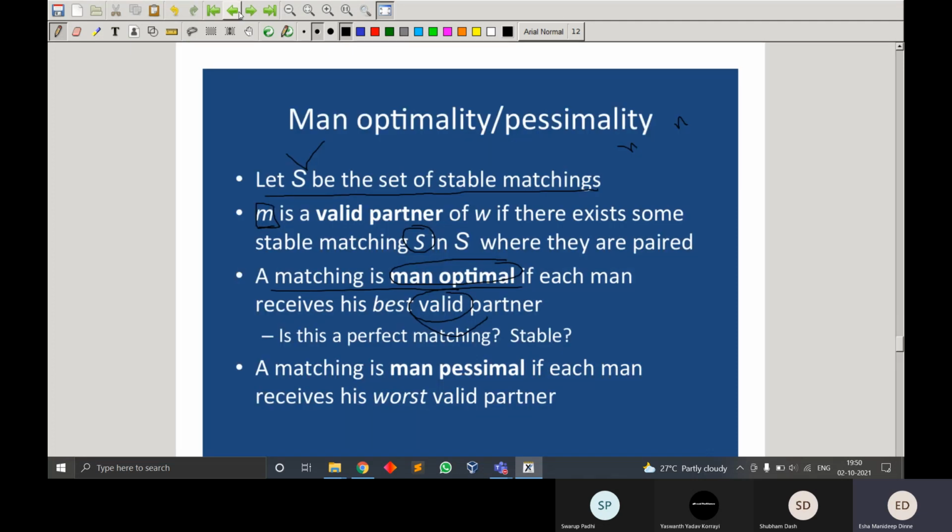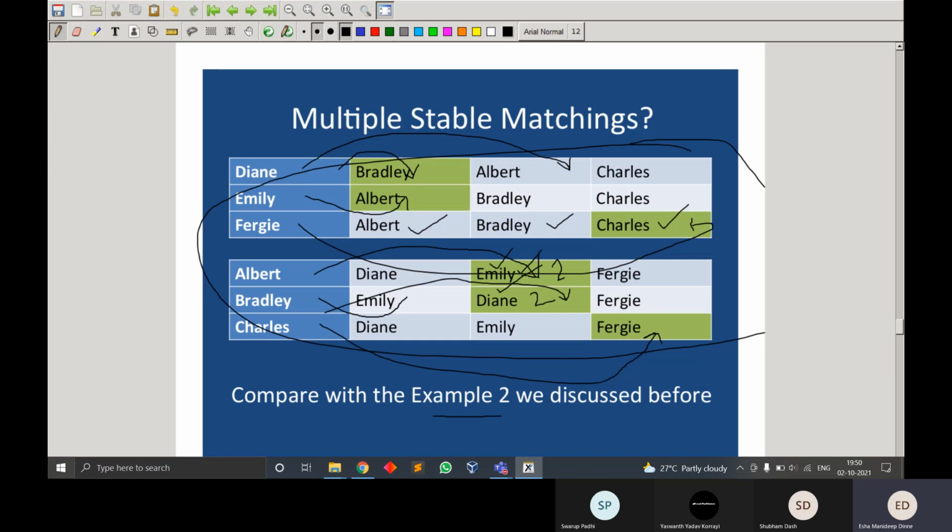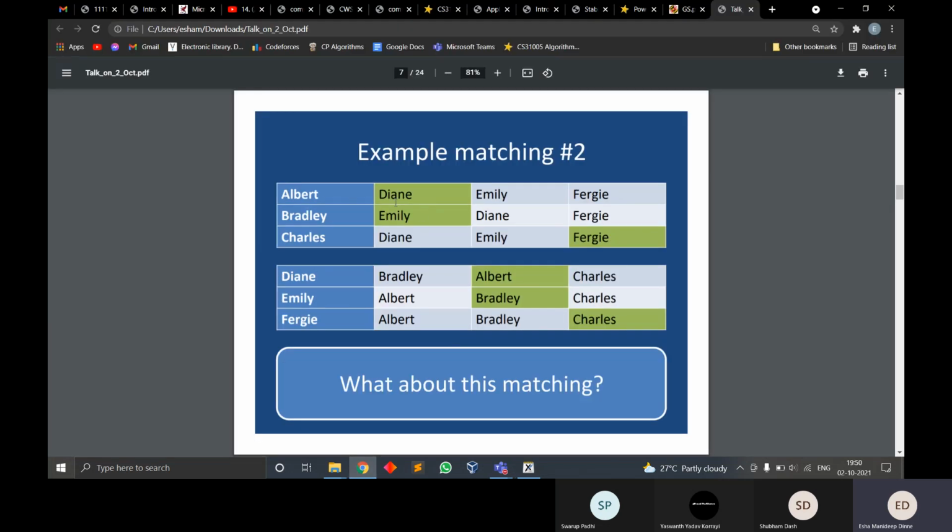In this case, if you run the Gale-Shapley algorithm, you will get the following scenario, because Albert is with his highest preferred person. Bradley is also with his highest preferred person. Charles is with Fergie, the only person he can match to.